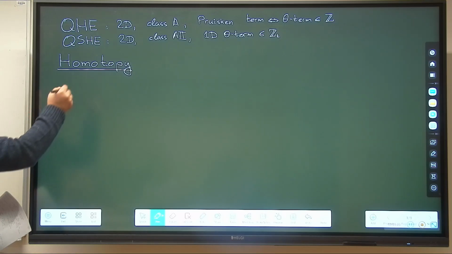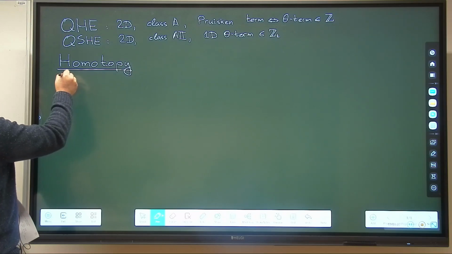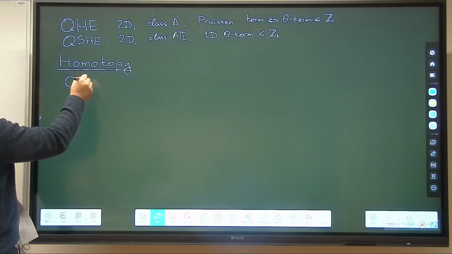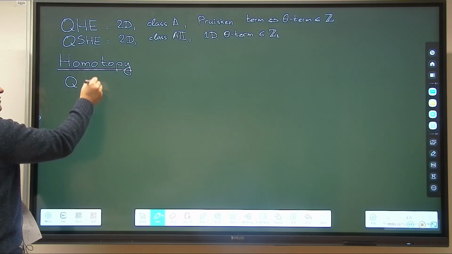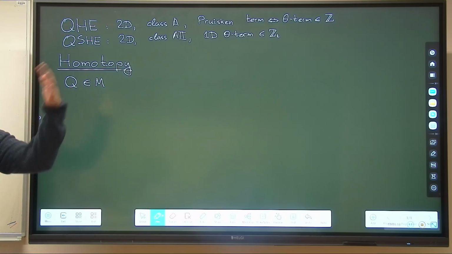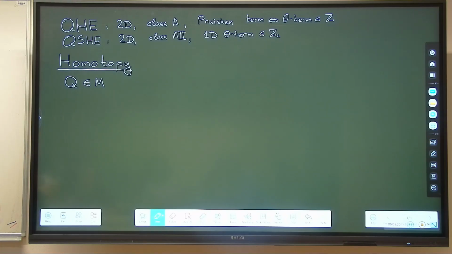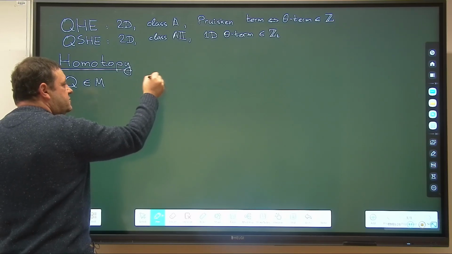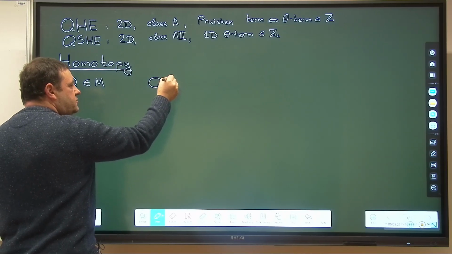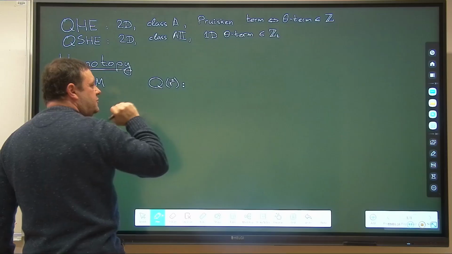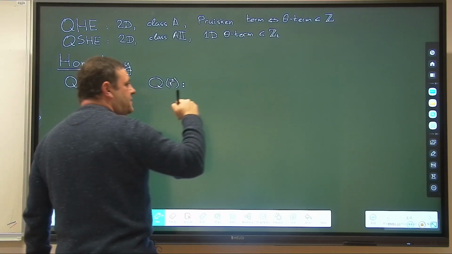So imagine we have a sigma model, we have a Q matrix which lives in a certain manifold M, and this manifold takes one of 10 possible structures corresponding to 10 classes. So whenever we have this Q matrix which depends on the point in real space, this Q matrix actually realizes a map.